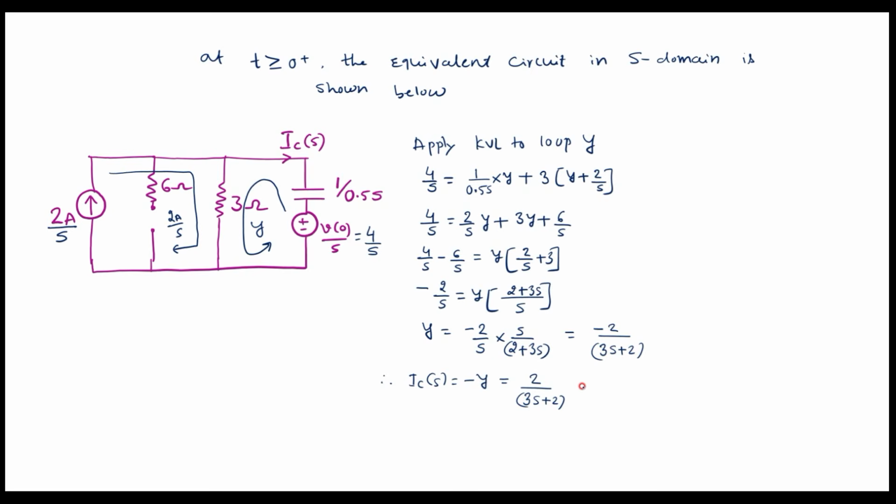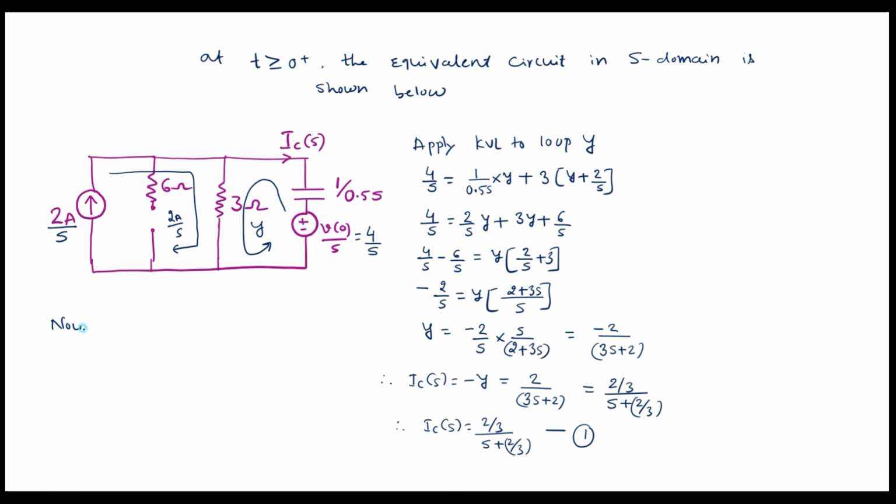So this can also be represented, dividing numerator and denominator by 3, as 2 by 3 divided by s plus 2 by 3. So therefore IC of s is equal to 2 by 3 divided by s plus 2 by 3. We'll call it equation 1.